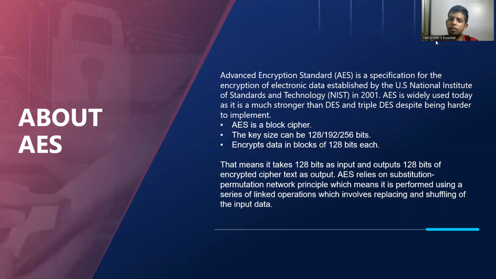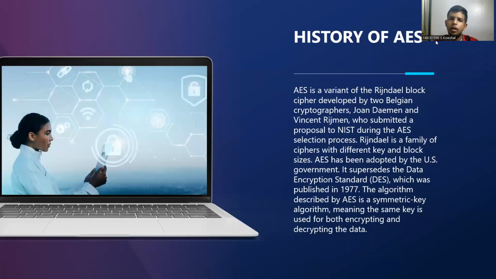There are 3 key sizes it works with: 128 bit, 192 bit and 256 bit. The number of rounds also depends on it: 10 rounds for 128 bit, 12 rounds for 192 bit, and 14 rounds for 256 bit. So that's how it works.